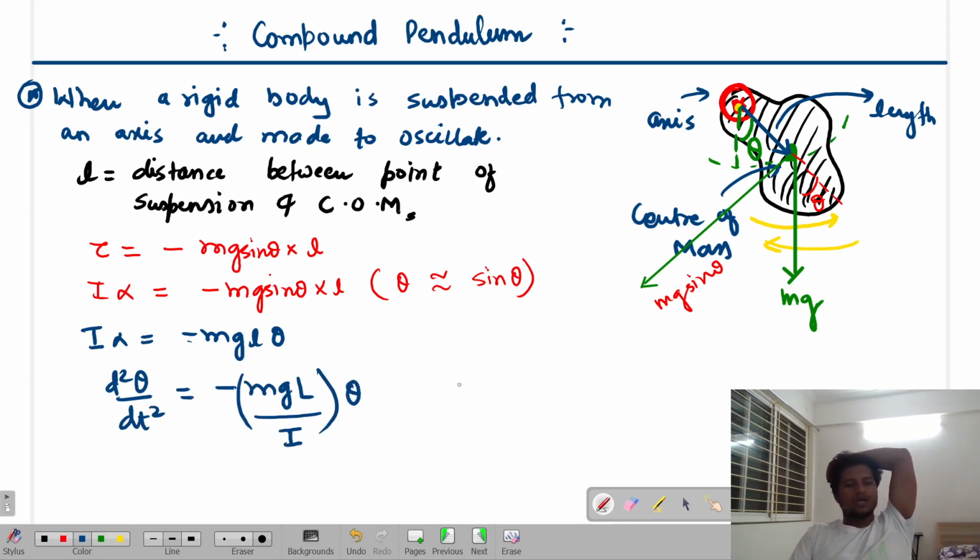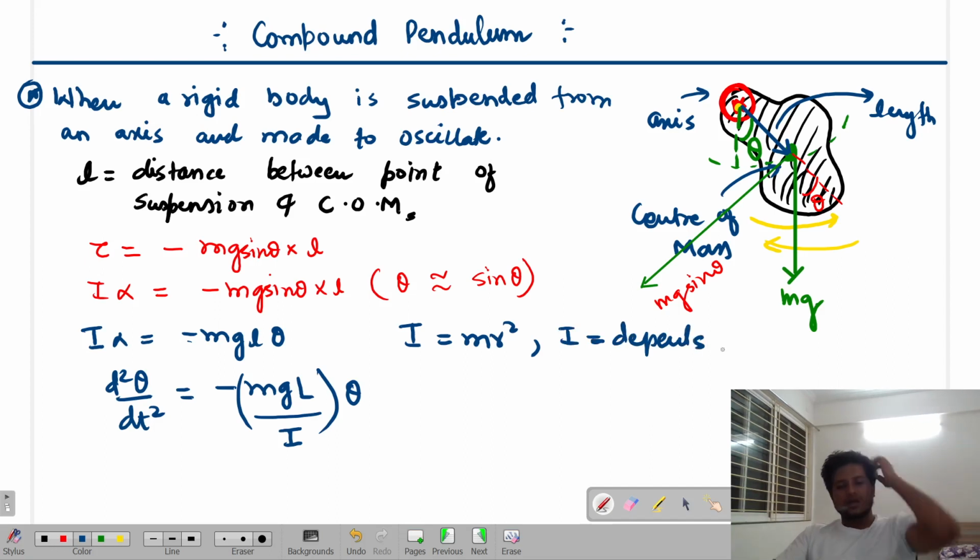But this time I is not similar to mL square, no? Because for a rigid body, I depends upon the condition of the rigid body. If it is a ring, I is different, if it is a disc, I is different. Is that clear? So I depends upon the rigid body, that's why I can't write I as mL square.